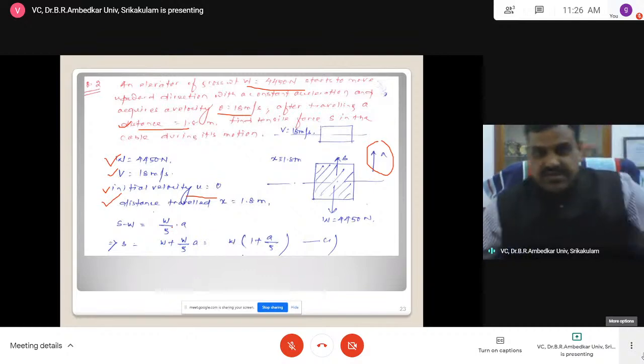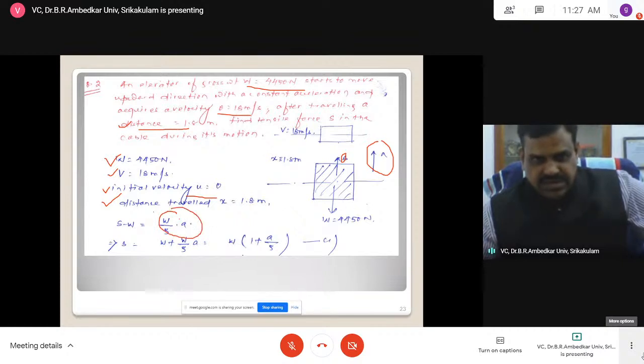Now let us consider this is an elevator. It is a string. The string is having a tension S, and the weight is downwards. See, that's why the expression is mass into acceleration.